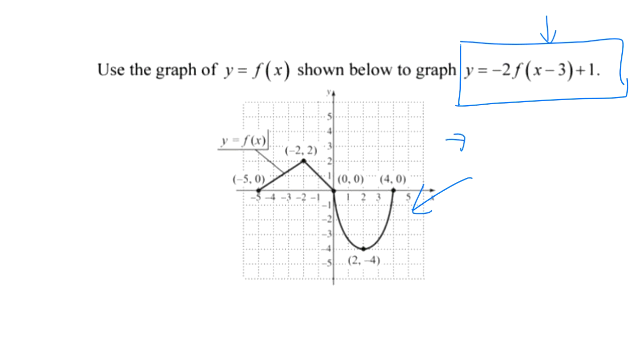So whatever you have in parentheses, you do that first. So if I was doing this, I would shift 3 units to the right.